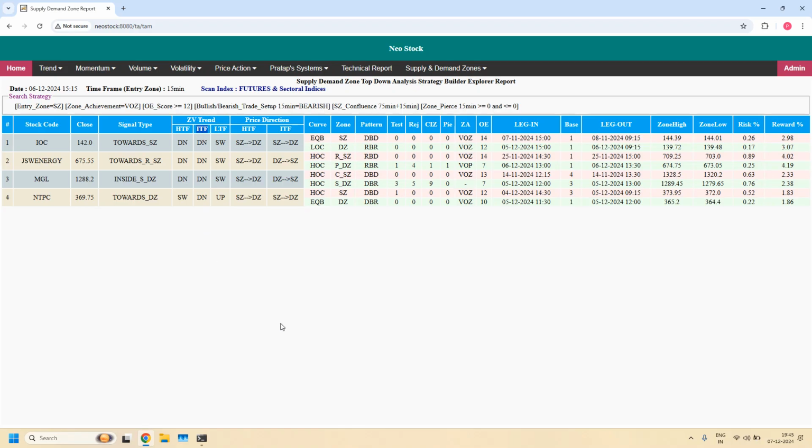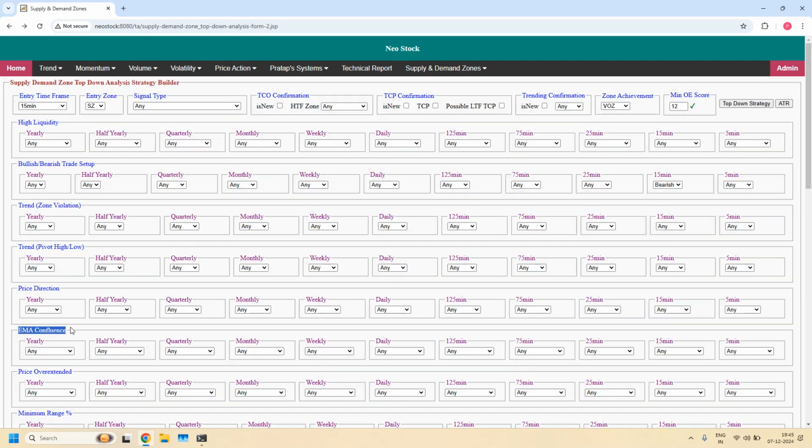Because trend is down, if any of these 75 minute supply zones are having daily EMA confluence, they are even more high probability trade setup supported stocks. Let's filter them. In the EMA confluence, at 75 minutes time frame, 75 minute supply zone having daily EMA confluence, because 15 minute supply zone is part of the daily supply, 15 minute supply zone is part of the 75 minute supply zone.